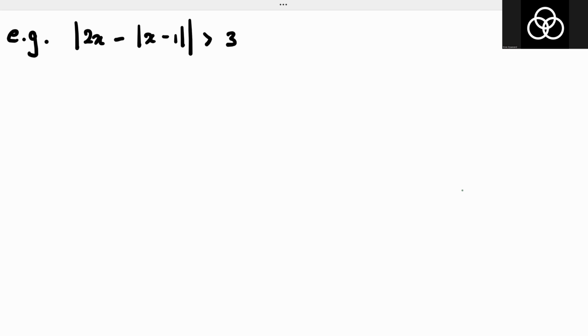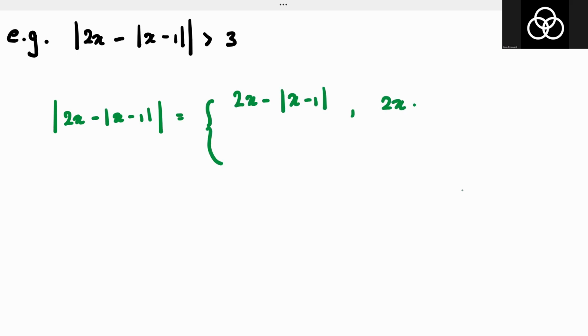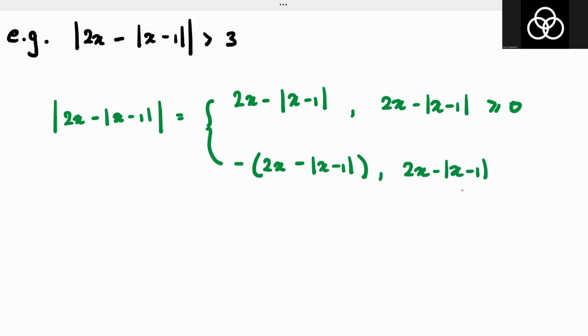We know that the absolute value of 2x minus |x − 1| is equal to 2x minus |x − 1| when 2x minus |x − 1| is greater than or equal to 0. And the second case is minus (2x minus |x − 1|) when 2x minus |x − 1| is less than 0.